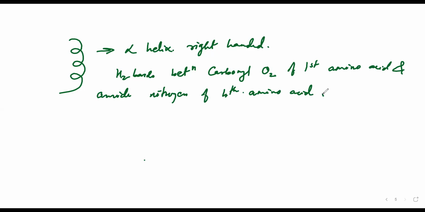This is regarding the alpha helix structure. Now, the second one is the beta pleated sheet. Beta pleated sheet means the appearance of that chain will be in a flat sheet-like structure, like this.